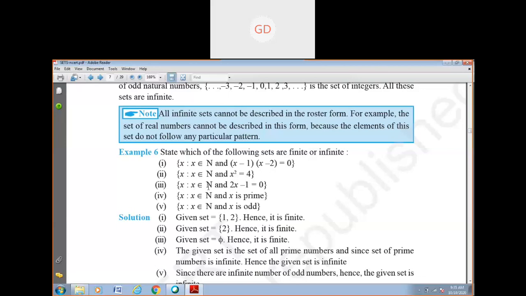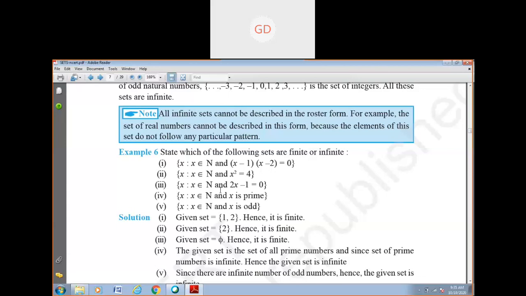From the second condition, we can have the value of x: x is equal to half, that is 1 by 2. Whatever we get from the second condition, that is x equal to half, we cannot include in this set, because in the first condition it is mentioned x must be natural. Half is not natural.